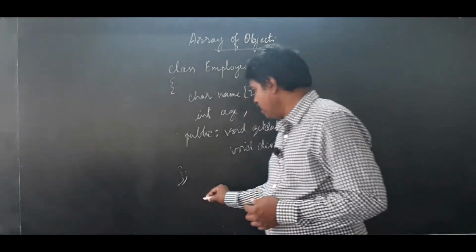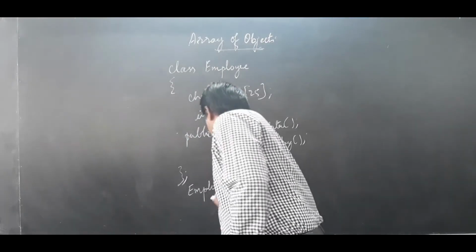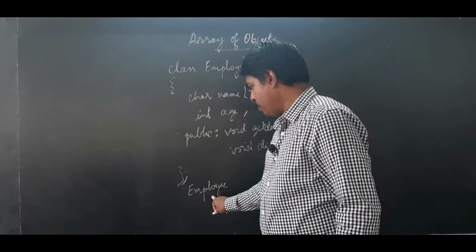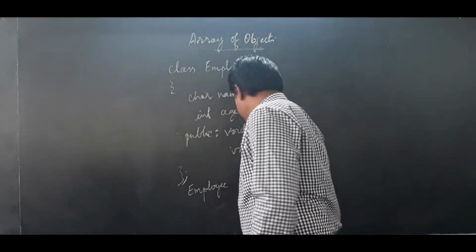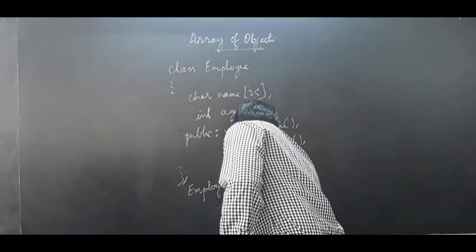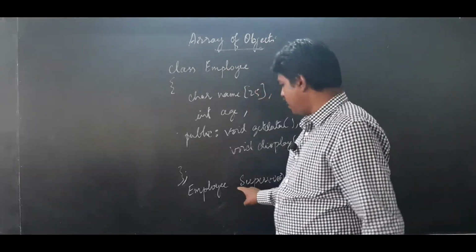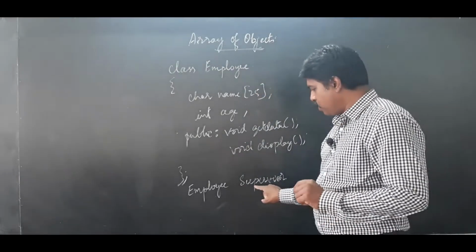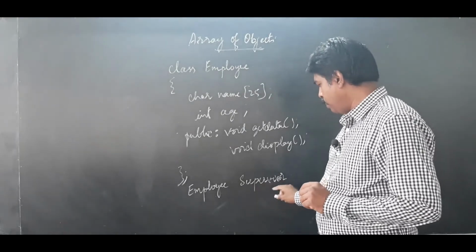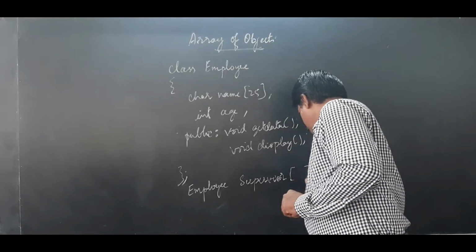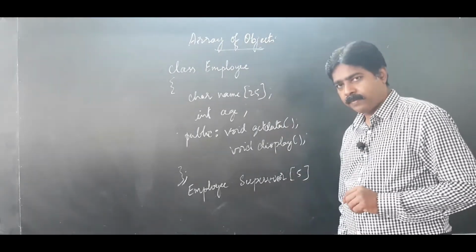One is, I am using the class name employee for declaring or creating an object. So employee supervisor. Normally we used to write single letters. Now I am using a word here, supervisor, and I am opening an array and I say the size as 5.